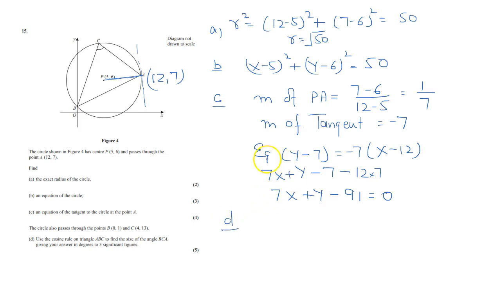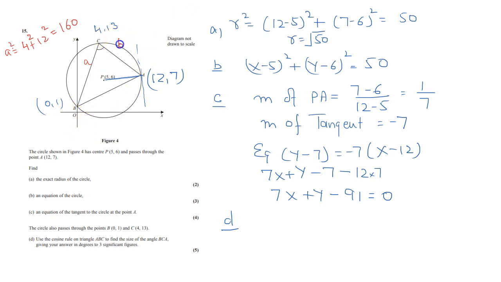Then part D. The circle also passes through point B, 0, 1, and 4, 13. Find BCA. So now if it is passing through this, this distance is side A, so let's say this is A. So A square is 4 minus 0 square, that is 4 square, plus 13 minus 1, that is 12 square, that is 144 plus 16, that is 160.